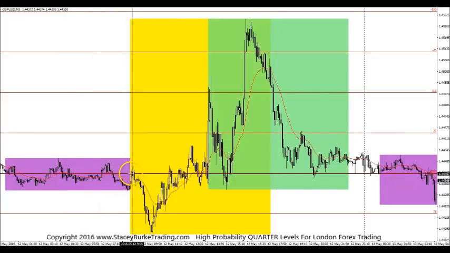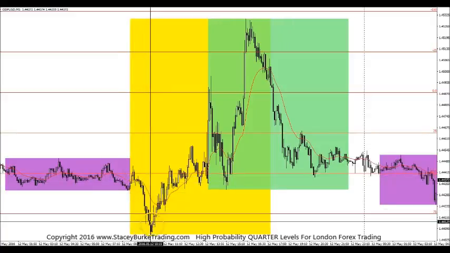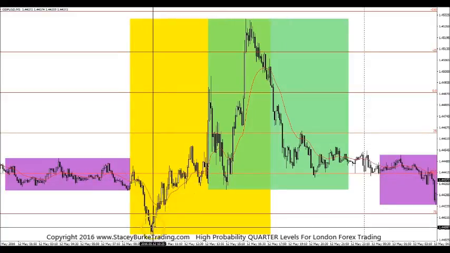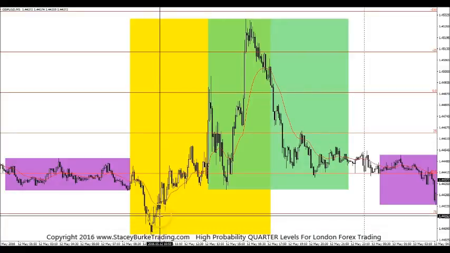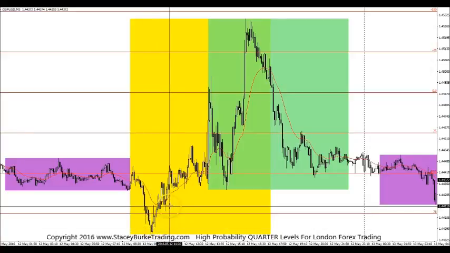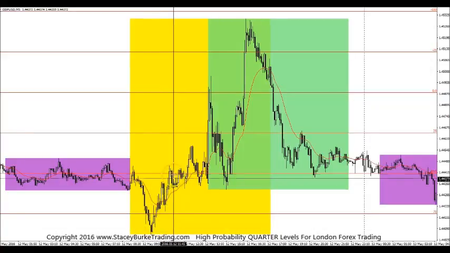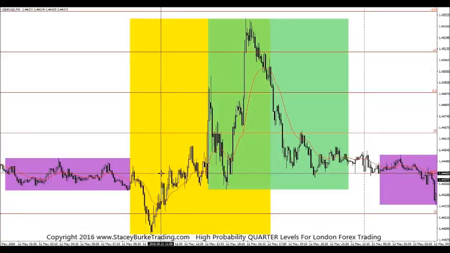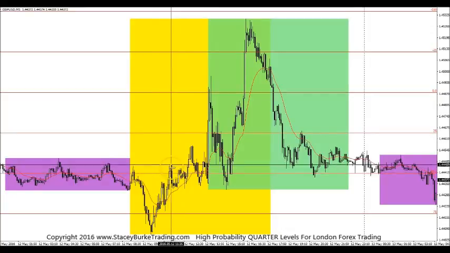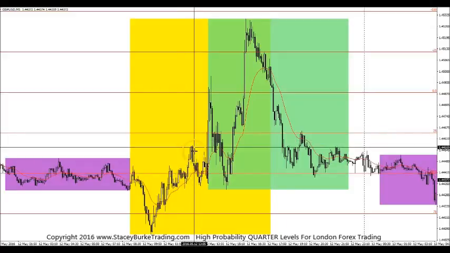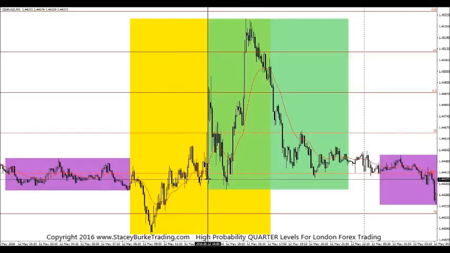The market found resistance on the London Open, retested that quarter level, and auctioned back up. As soon as the market starts to proceed long and doesn't fail at that level, you know the next logical place for it to retest is the next quarter level or the Asian high, which we saw retest and vibrate up.